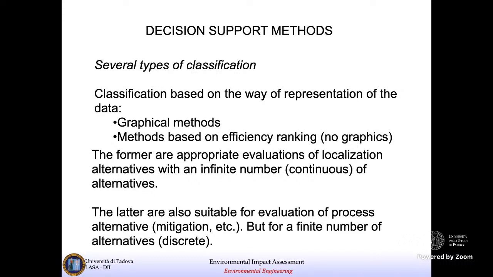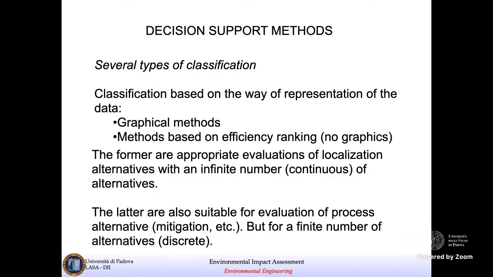You may say that the former, the graphical methods, are appropriate evaluations for the localization of alternatives with an infinite or continuous number of alternatives, while the methods based on efficiency ranking are more suitable for the evaluation of process alternatives, for example, mitigation, etc., but for a finite number of alternatives, so for discrete alternatives.